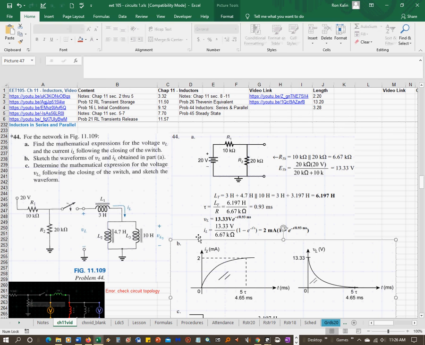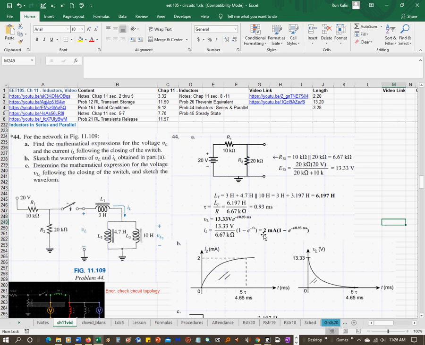And then again, same thing, you use the storage equation for I sub L, you plug in your values for E Thevenin and R Thevenin, and then do the math, and you get this simplified version of I sub L.